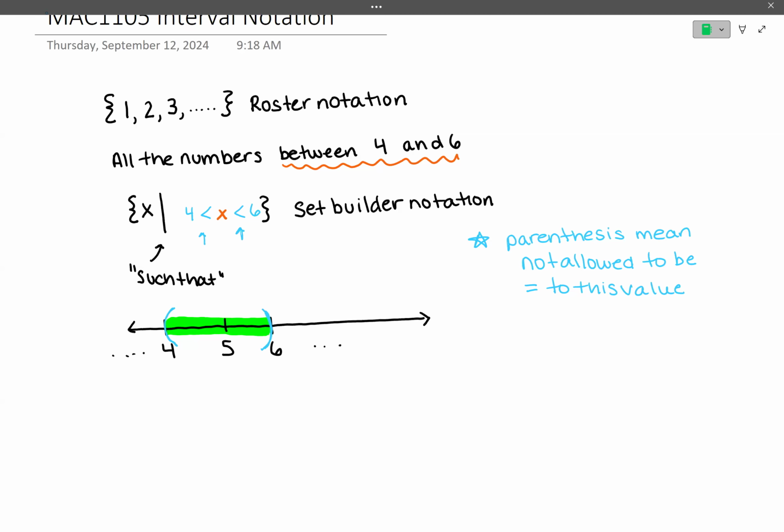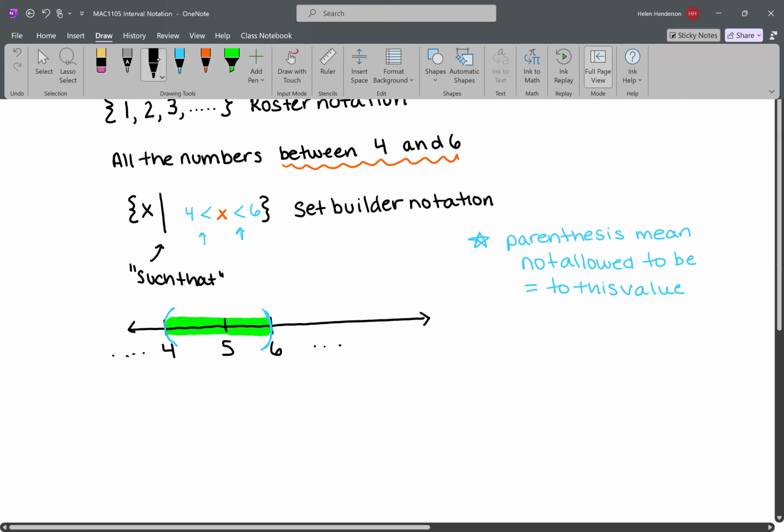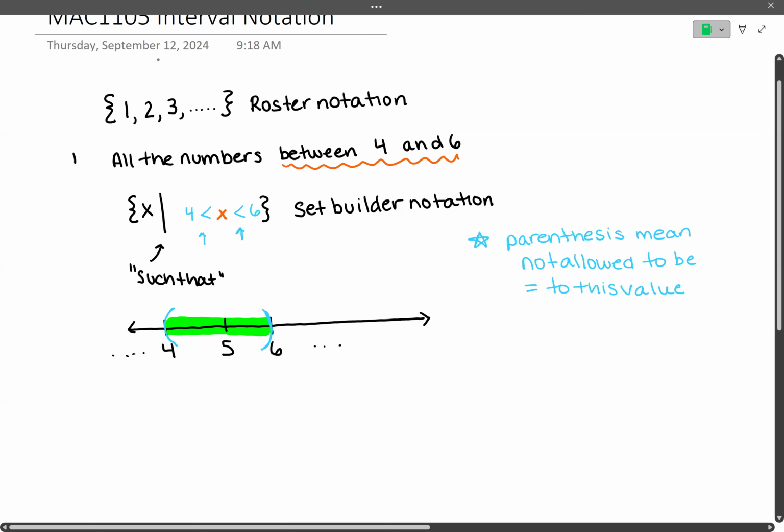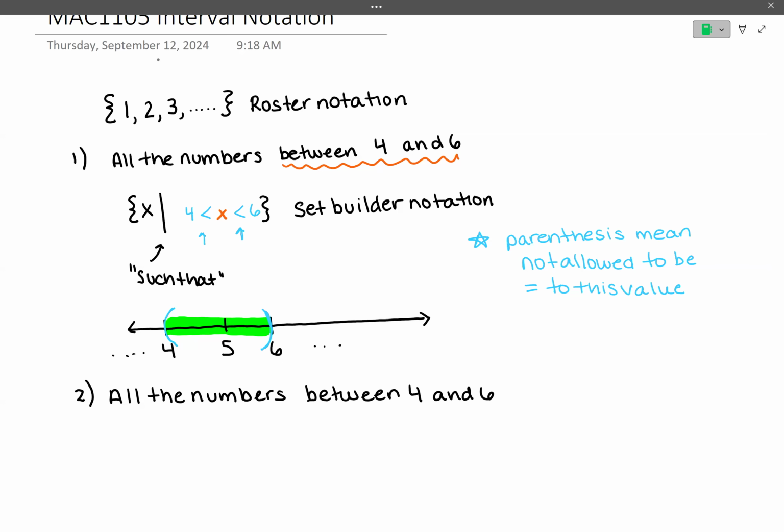Now, what if I changed my problem, right? So this will be problem number 1. Let's do problem number 2. I want to tell my reader, hey, all the numbers between 4 and 6, but now I also want 4 and 6 to be allowed, right?